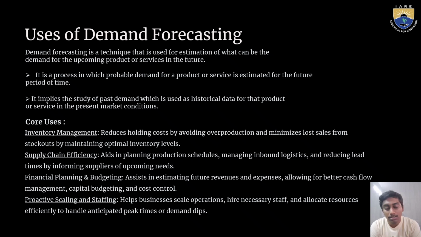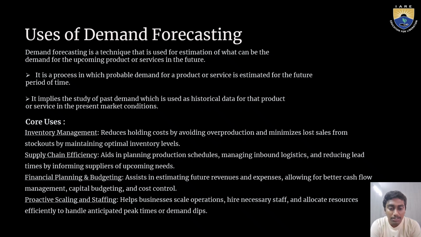the present market conditions. Core uses. Inventory management reduces holding costs by avoiding overproduction and minimizes lost sales from stockouts by maintaining optimal inventory levels. Supply chain efficiency aids in planning production schedules, managing inbound logistics, and reducing lead times by informing suppliers of upcoming needs.